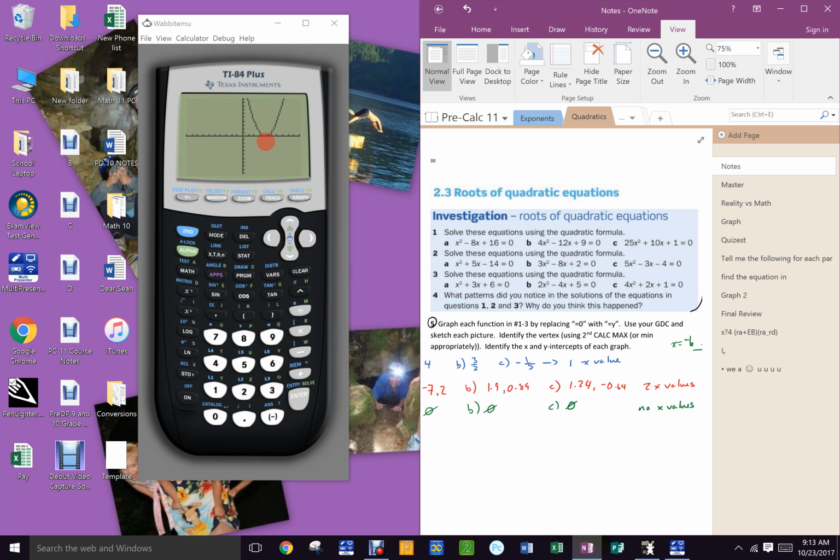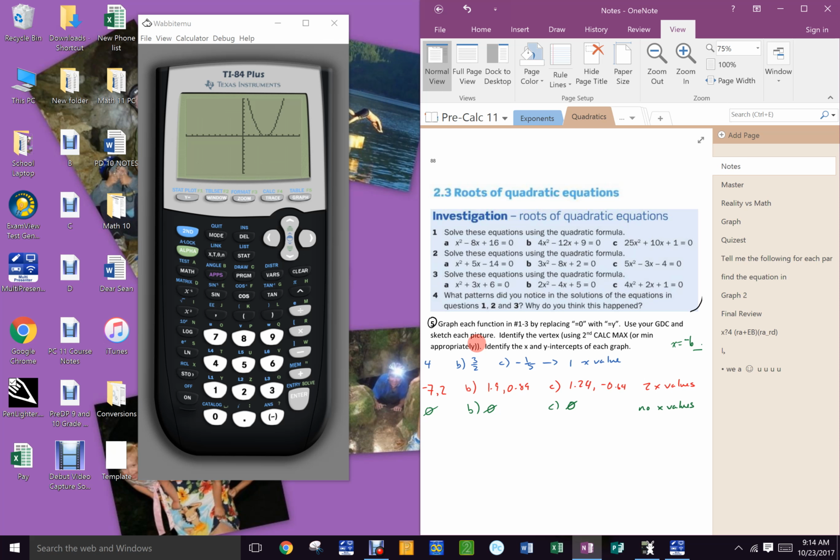Now, look at this question. Read the question. The vertex is a maximum or a minimum, appropriately. Is this spot a maximum or a minimum, do you think, for the values on that graph? You don't actually know. I'm asking you to use your brain. What do the words maximum and minimum mean?